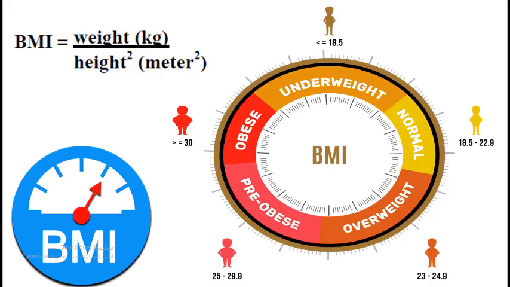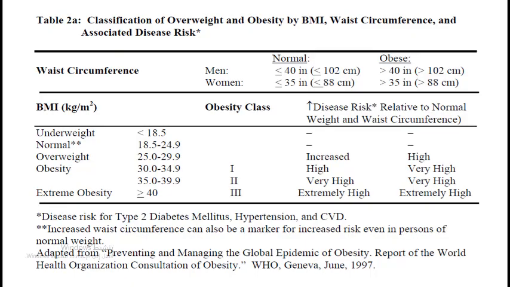Here you have the formula to calculate the BMI, weight and height in meters. Okay, as you can see with this table we can classify the nutritional status according to BMI and waist circumference and determine the associated disease risk.